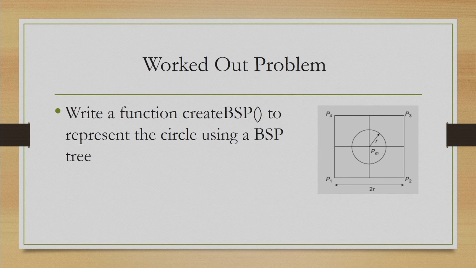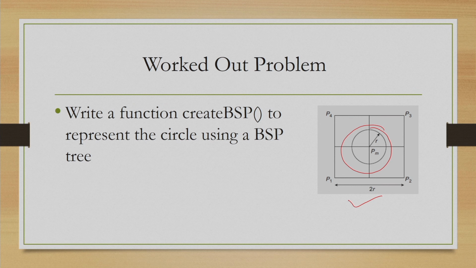Let us see one more example for creation of a BSP tree. How can we write an algorithm for creation of a representation? Consider this figure. Here we want to represent this circle. This is, of course, a two dimensional figure, it is not a 3D object, but this 2D object, this circle, which has the center at PM and radius R, we want to represent. So, we want to represent it using a BSP tree.